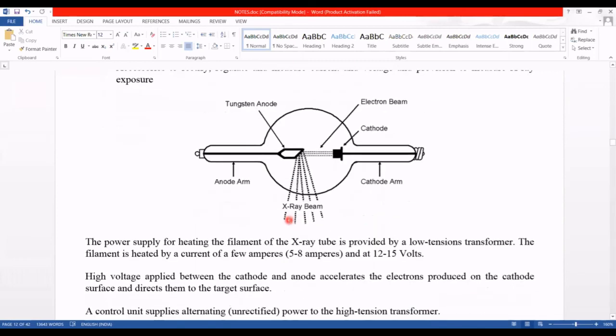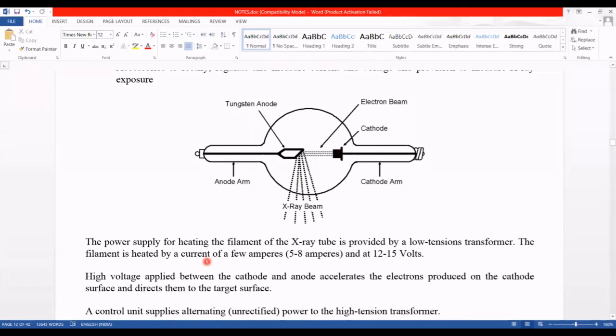At the cathode we have a filament, which is a wire. Heating of that wire causes the emission of electrons. How is the filament heated? We need to supply some current to the filament, and for that purpose we have a small transformer.